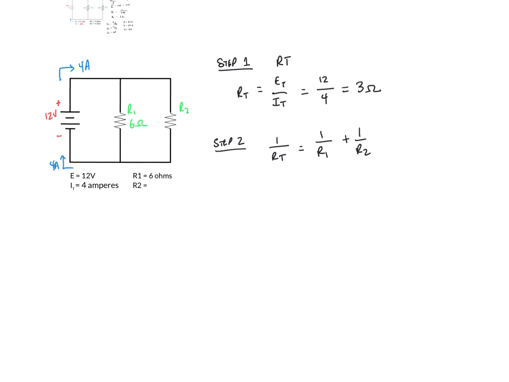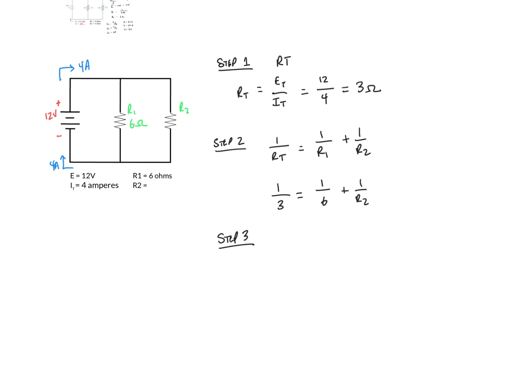So we're going to substitute our known values. So in this case, we know we got 1 over 3, and then here we have 1 over 6. And we don't know R2 in this case. So now we need to solve for R2, which will be step 3.